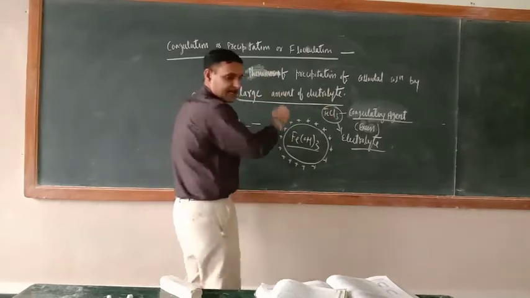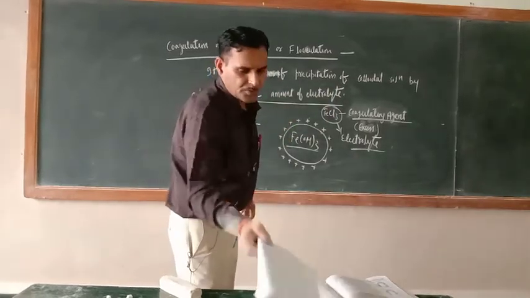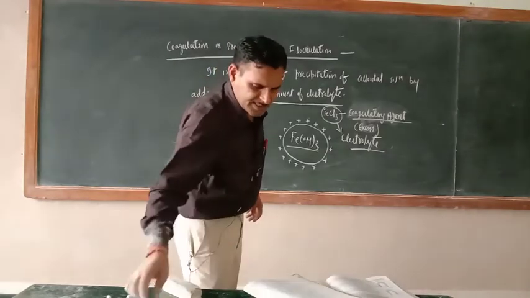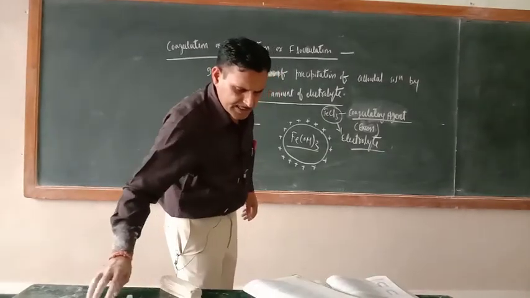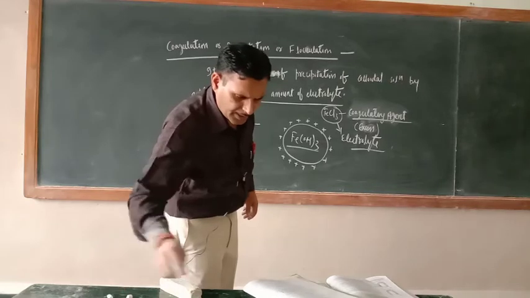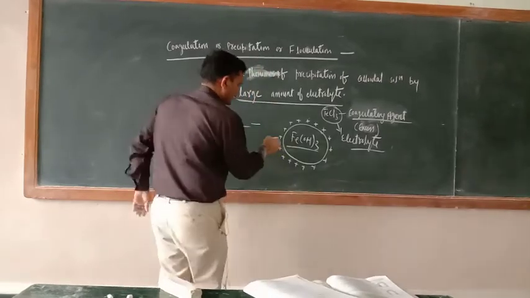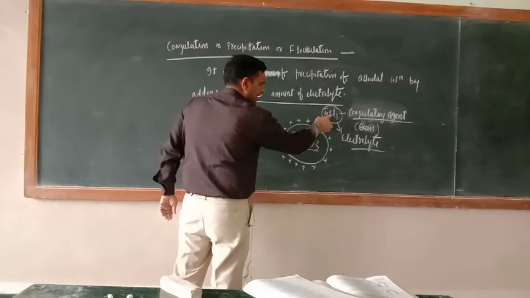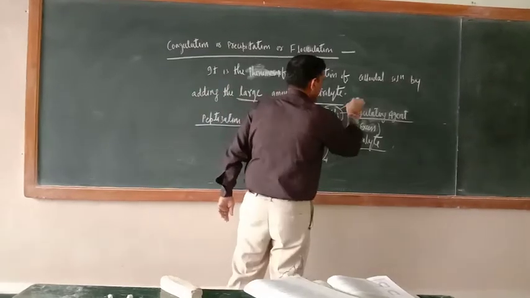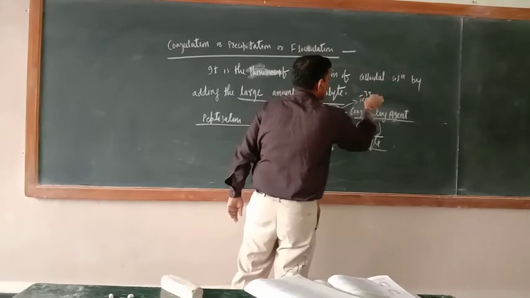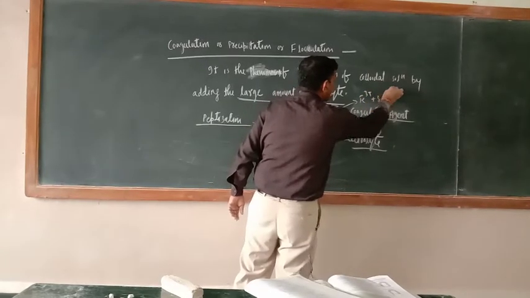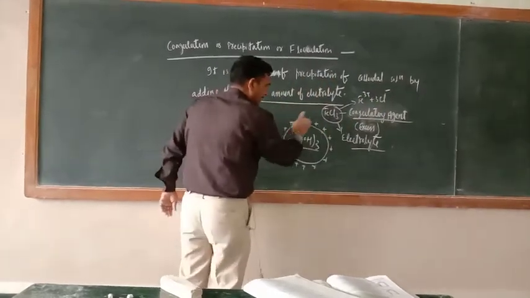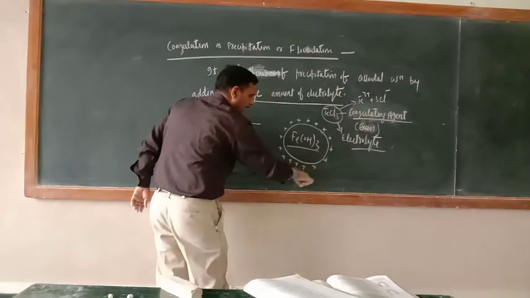So at their surface, what would be there? You can write this as Fe3 positive plus 3Cl negative. So here there is an excess amount of chloride ion.